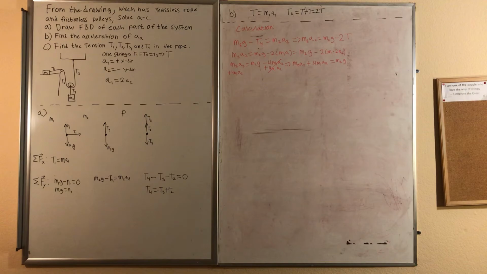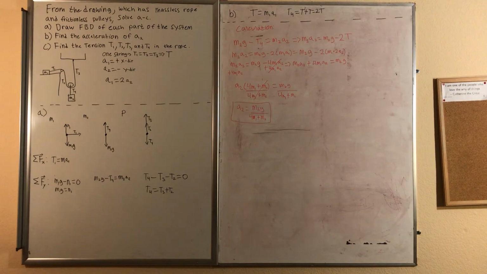Factoring out the a sub 2 from the left side gives a sub 2 times 4 m sub 1 plus m sub 2 equals m sub 2 times g. Now divide both sides by 4 m sub 1 plus m sub 2 and cancel on the left to get a final acceleration of a sub 2 equals m sub 2 times g divided by 4 m sub 1 plus m sub 2.